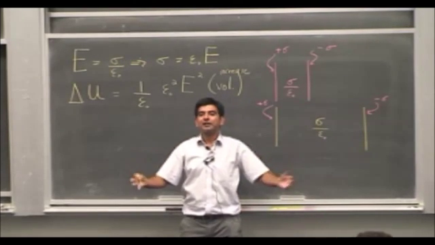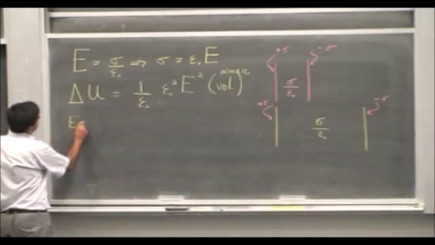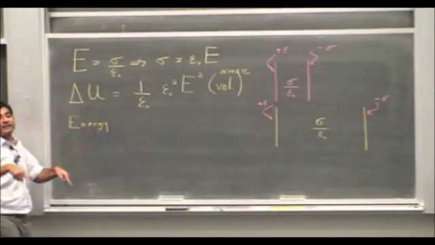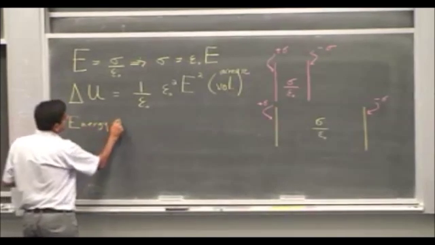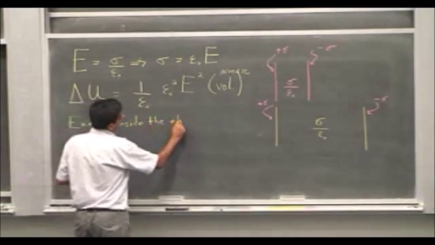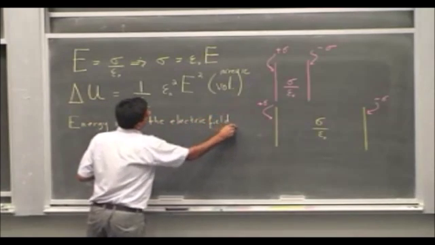Okay, so what we can define is the energy stored in a capacitor, which is the energy actually stored in the electric field. Energy inside the electric field per unit volume.